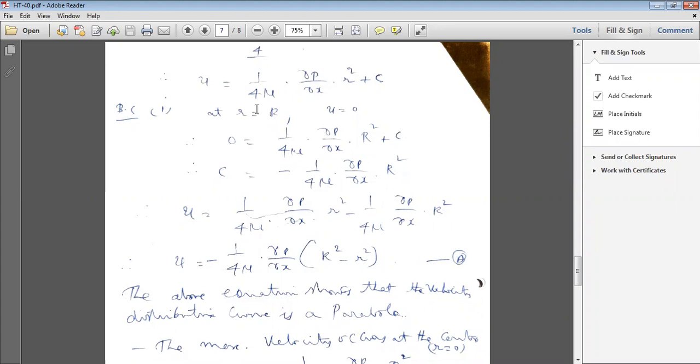Okay? That's why, substitute this value in this. u is equal to 0.